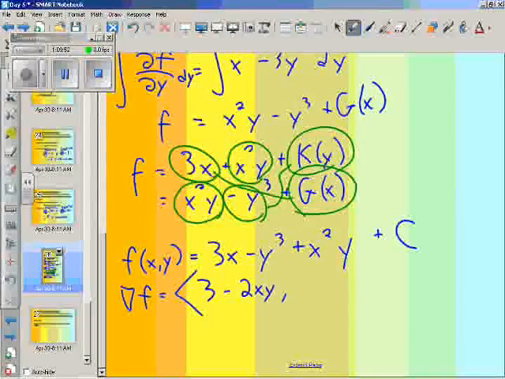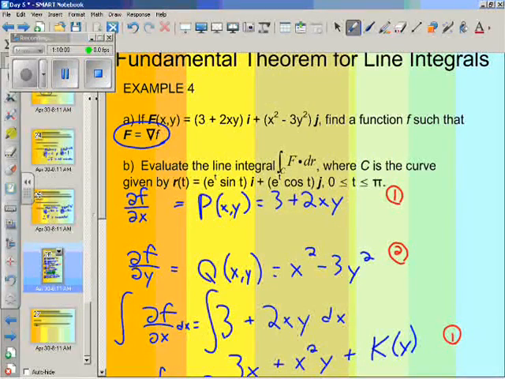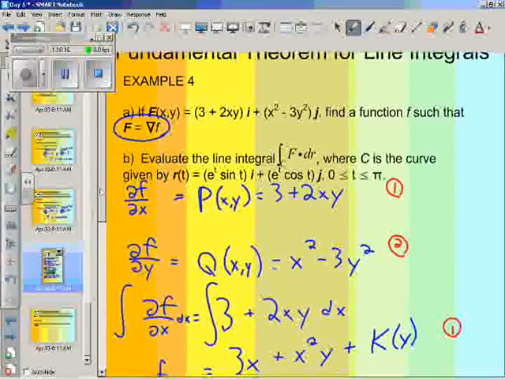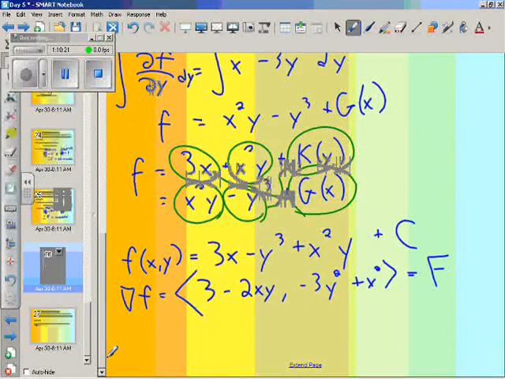And when we take the derivative with respect to y, we're going to have negative 3y squared plus x squared, which we can confirm is equal to F from the beginning: 3 plus 2xy, and then x squared minus 3y squared.